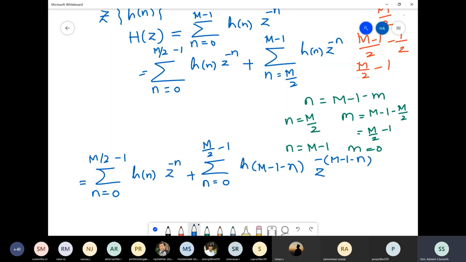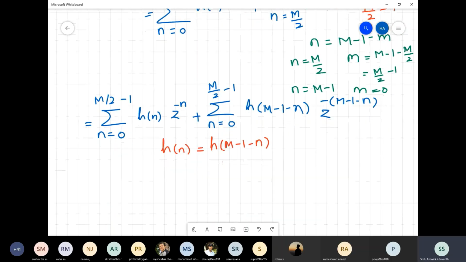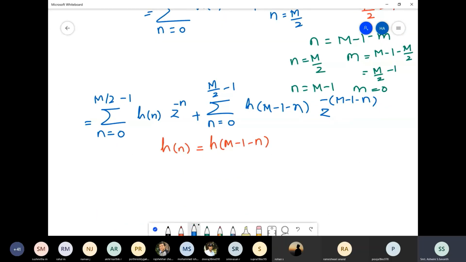Now, what is h of n? From the condition for symmetry, we know that h of n is equal to h of M minus 1 minus n. So what will be this value?